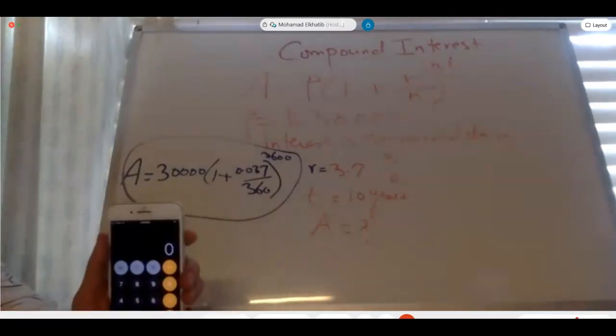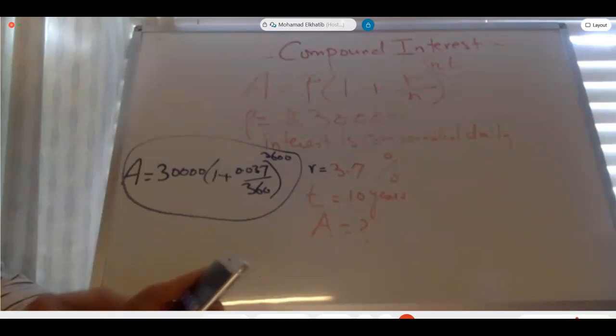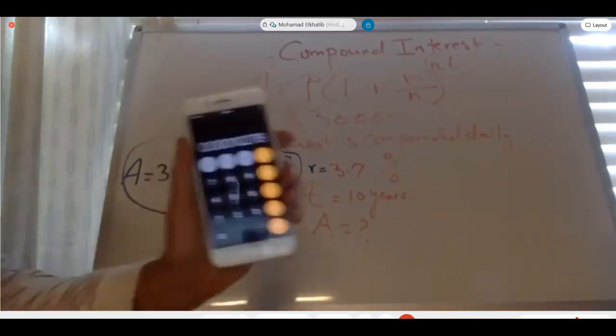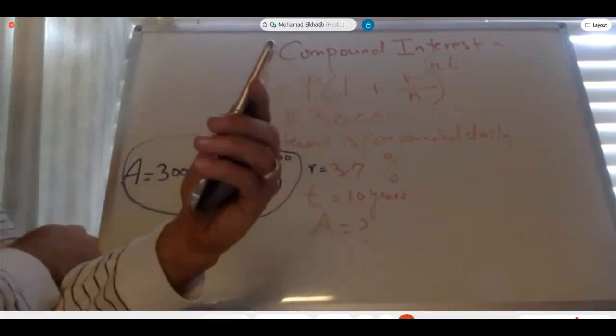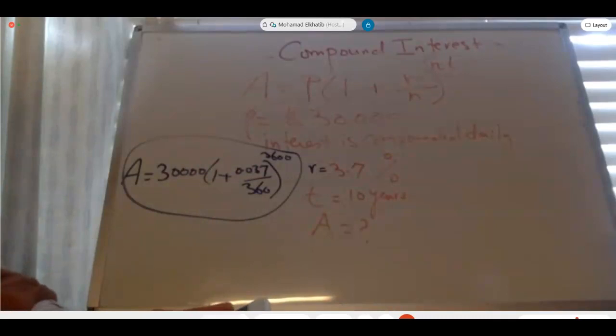All right. Let's do it on the calculator. So first, I'm going to do 0.037 divided by 360. And I got 0.0001027. Did you do that first? Please answer me.